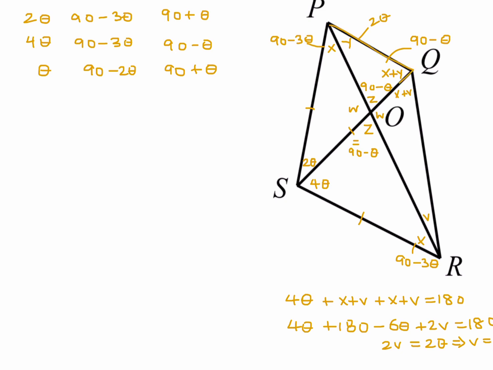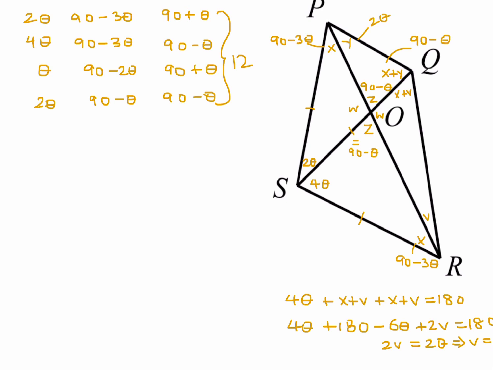And then the last triangle, which is this guy, those angles are y, which is 2 theta, and then z, which is 90 minus theta, and then x plus y, which is 90 minus theta. All right, great. These are the 12 angles.